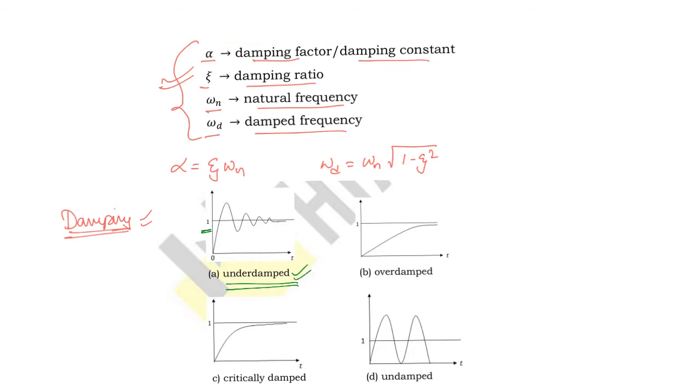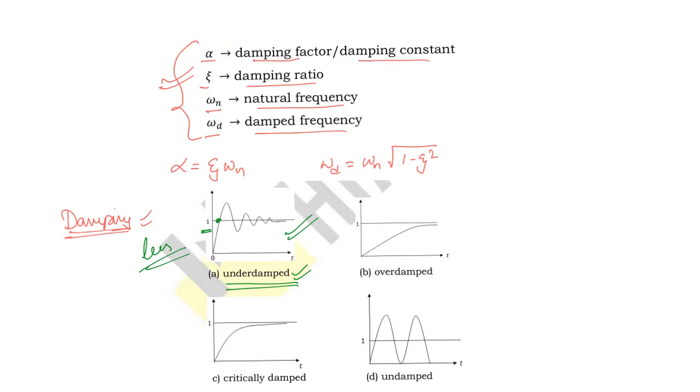The output reaches unity, that is the final value, very fast, but it is not settling there. It is oscillating about 1 for some time before settling down. This is happening because the damping is less, so it will oscillate more before it finally settles down at the steady state value. So this is the case of less damping.